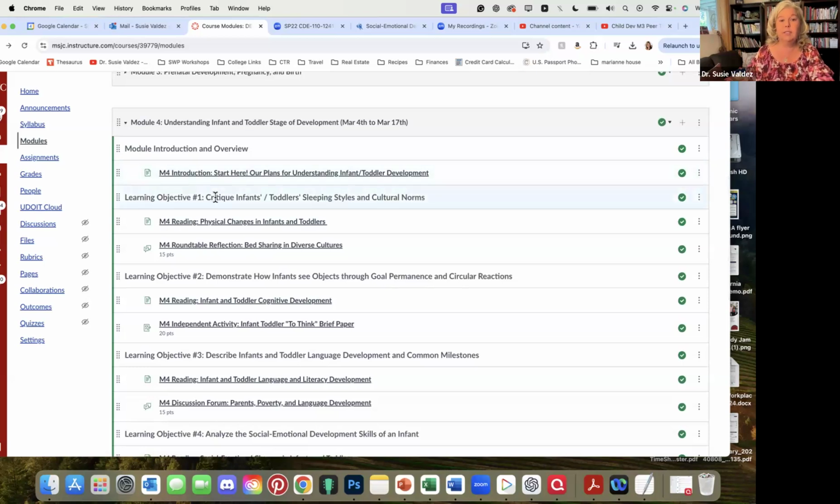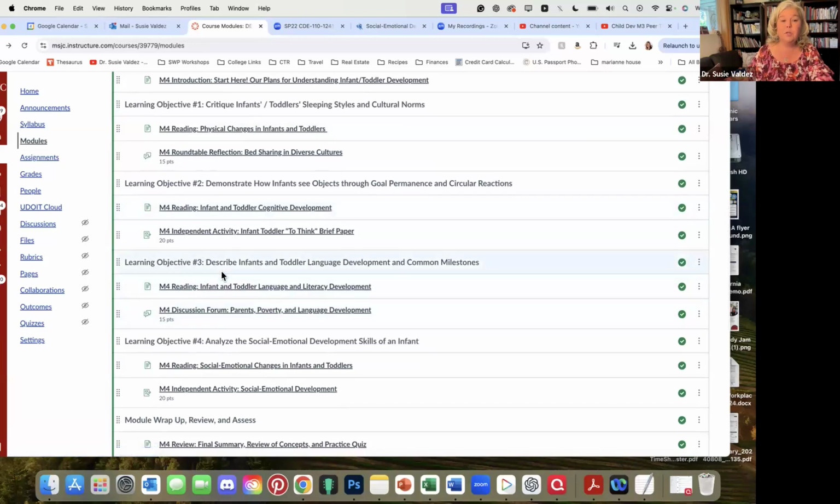The first objective is all about the physical changes of infants and toddlers. The second objective concentrates on cognitive development. The third goes into language and literacy. And the fourth, social emotional.